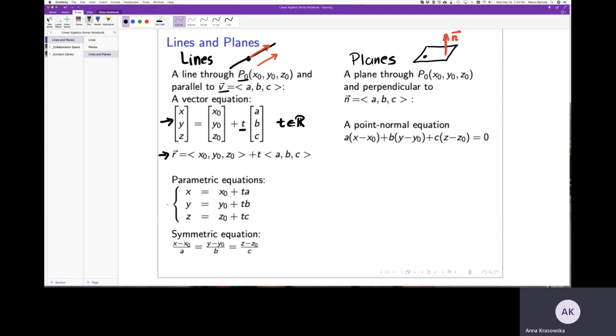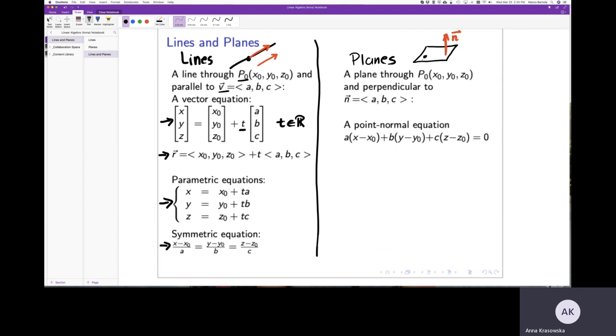If we rewrite this separately for x, y, z as three separate equations, we will call them parametric equations, and from that, solving for t, each equation will have expressions that are equal, and that's a symmetric equation. Okay, so those were lines.